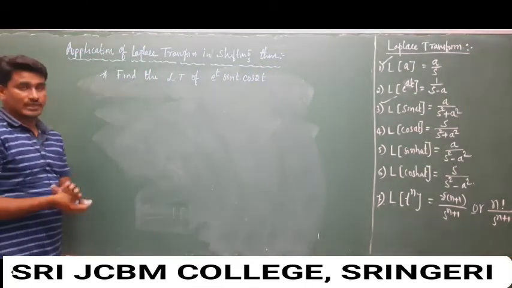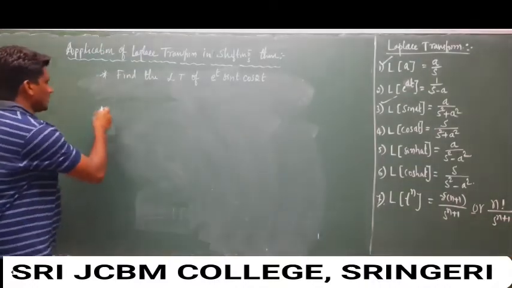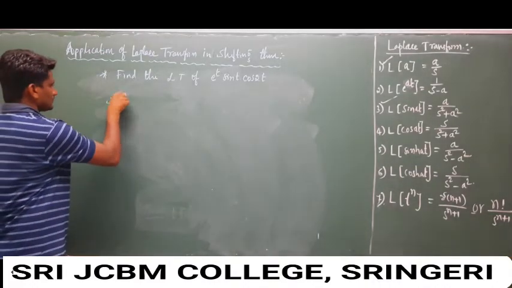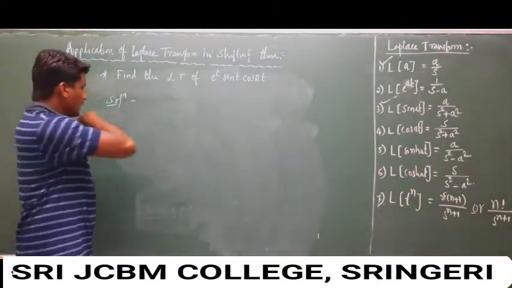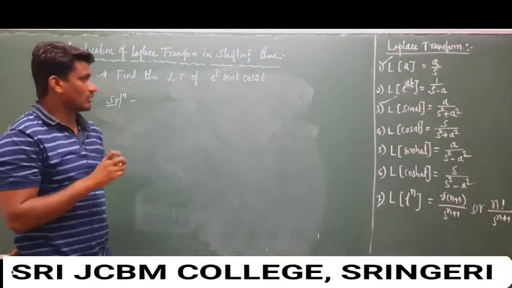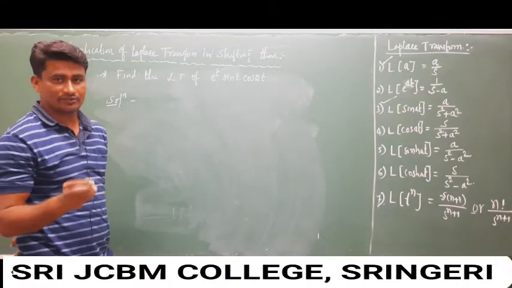So again, with the help of the first shifting theorem, we have to calculate this one, and in the solution here we have to consider sin t cos 2t as our f of t.